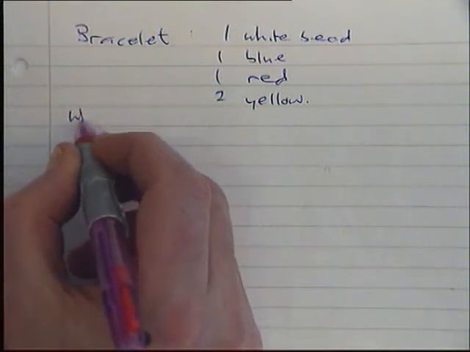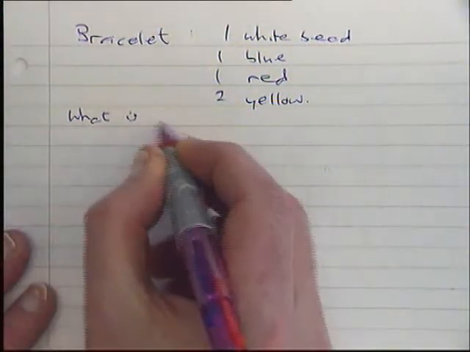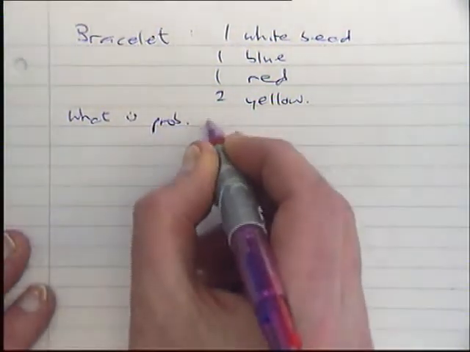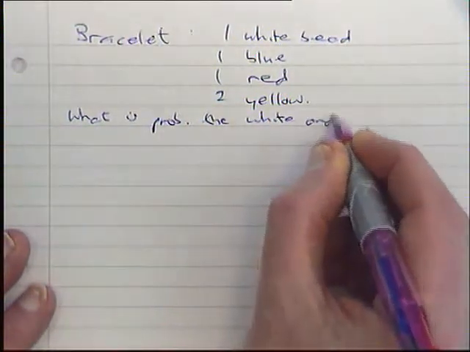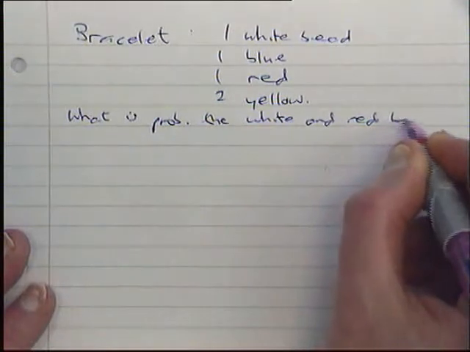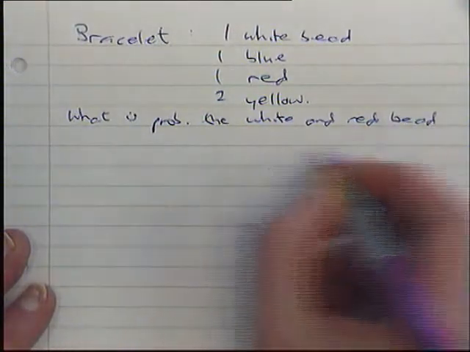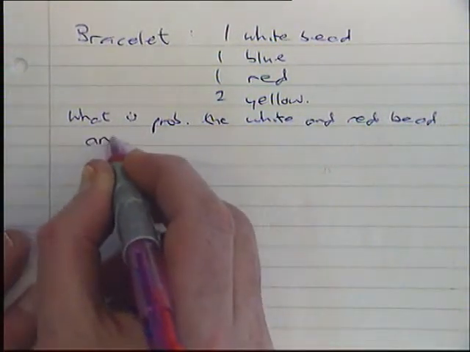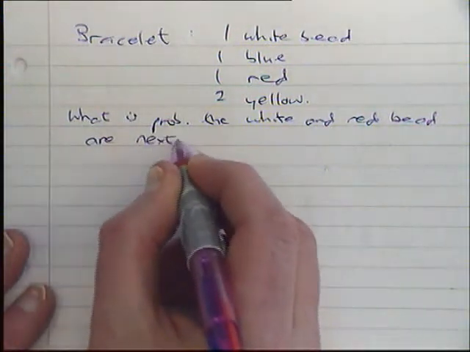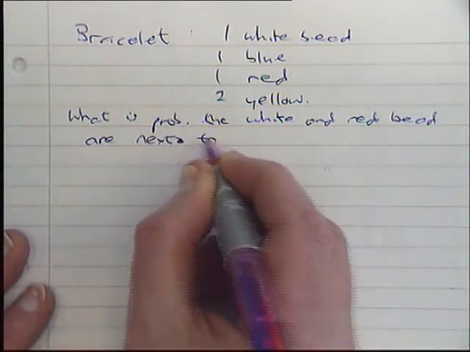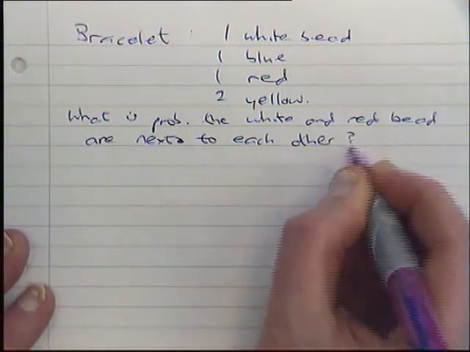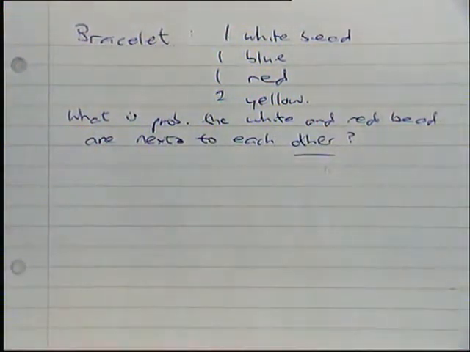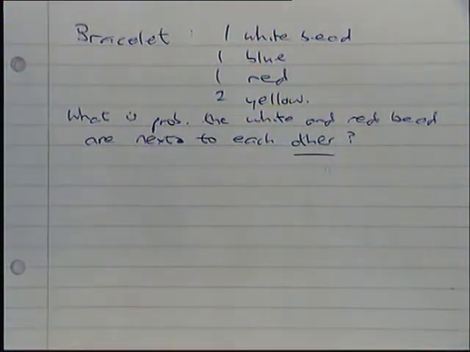And the question is going to be, what is the probability the white and red bead are next to each other? Think back to last lesson when we were doing these.